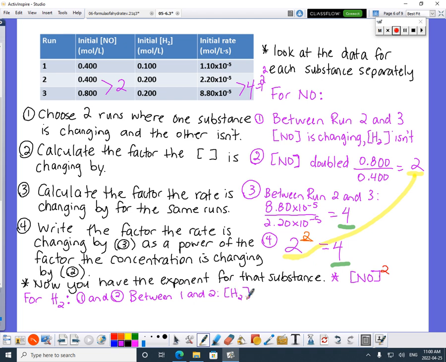What's happening to the concentration? Yes. Or what's happening here? But how much? Yeah, doubled. But again, just divide them, okay?